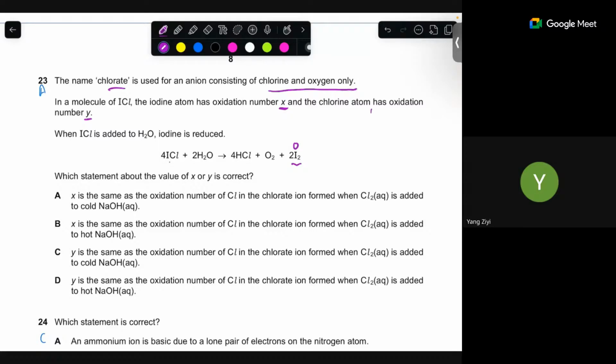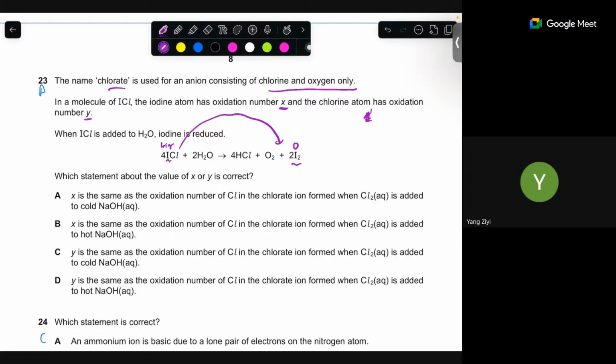They say in ICl iodine is reduced, from a big number to a smaller number, so I must be the bigger number.